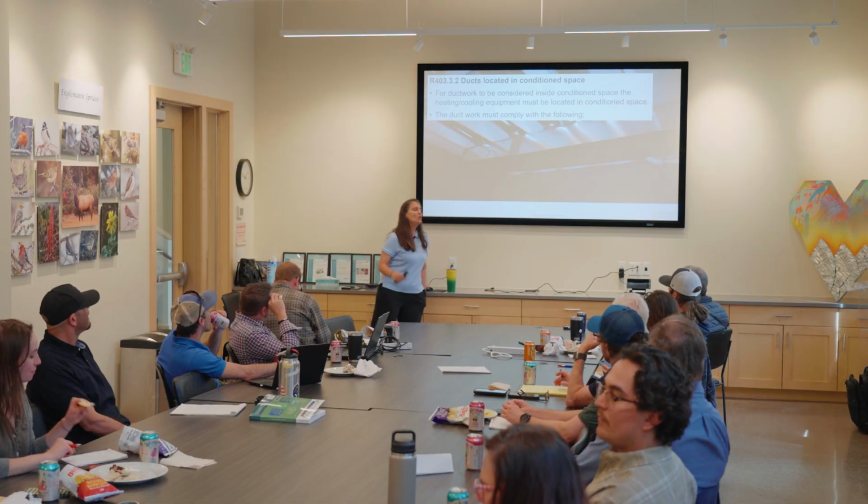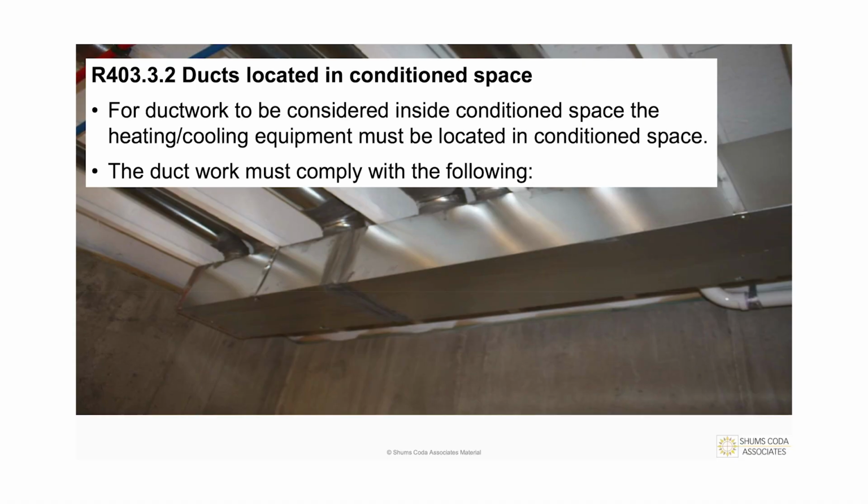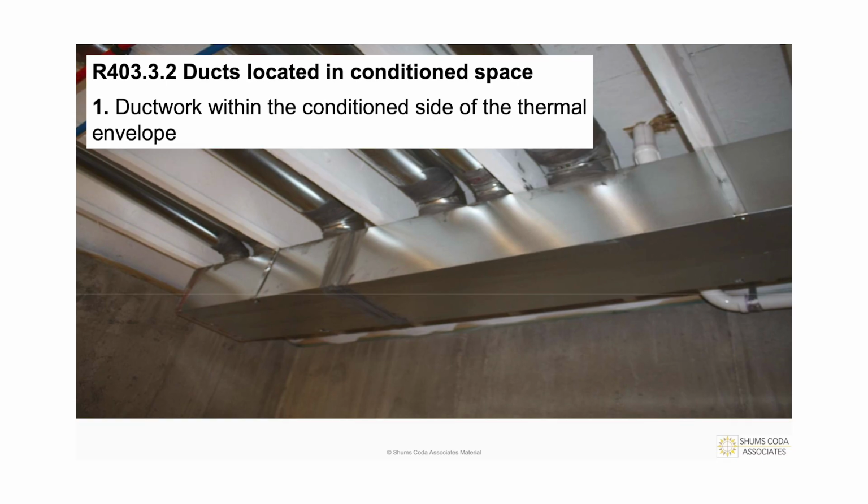All right, so let's talk about what our options are. So the first one here is, so that we can consider them to be inside conditioned space, you have to comply with one or all of the following. So the first one that we're going to talk about is, surprise of all surprise, if it's completely inside the thermal envelope, it is considered to be inside conditioned space.